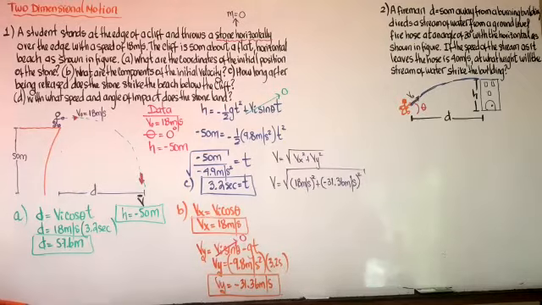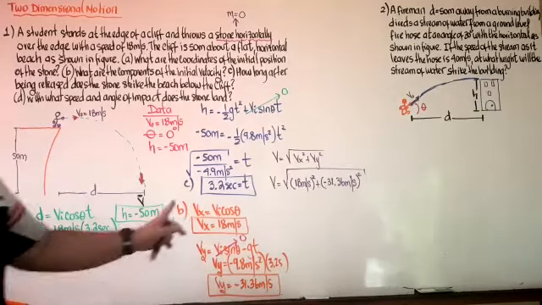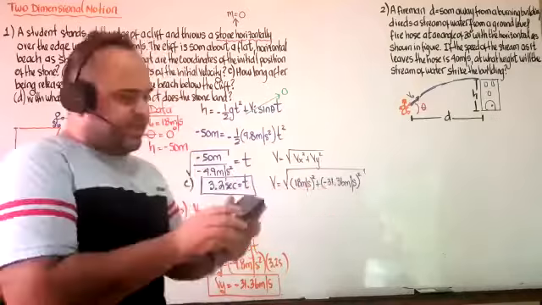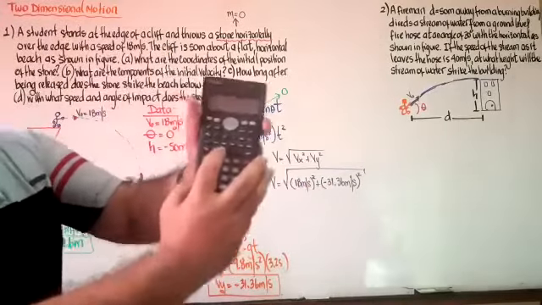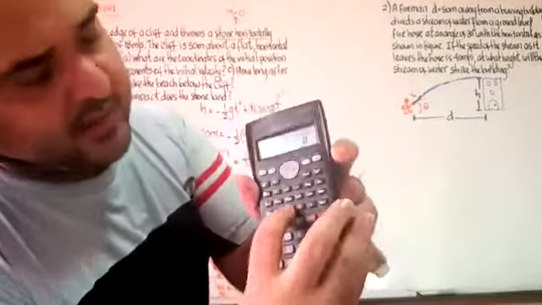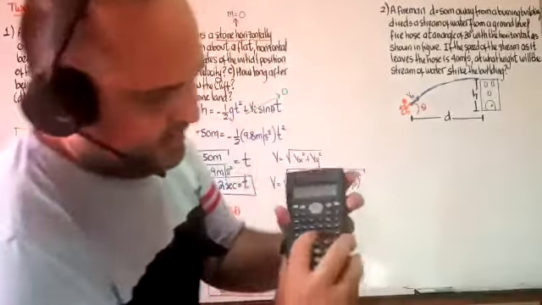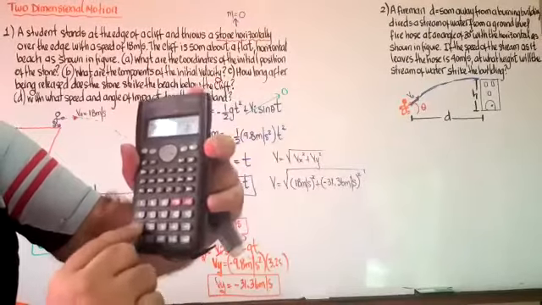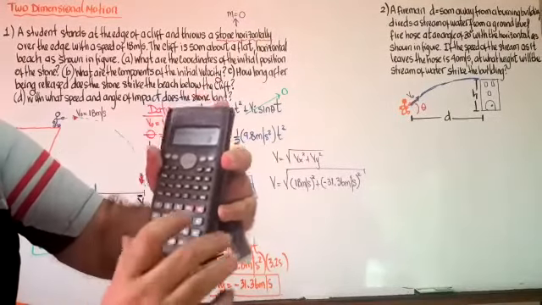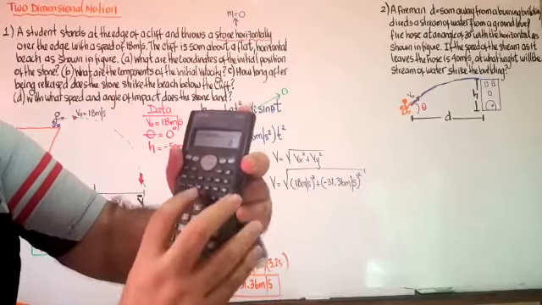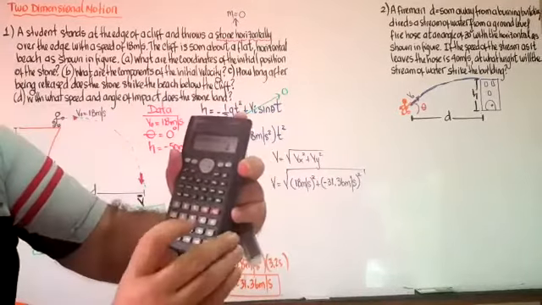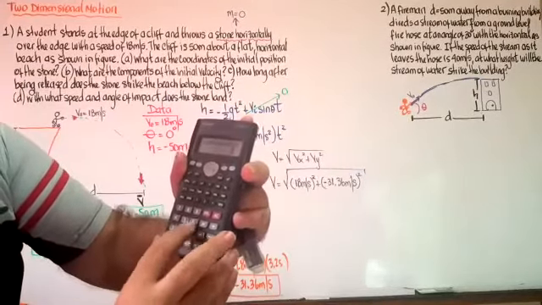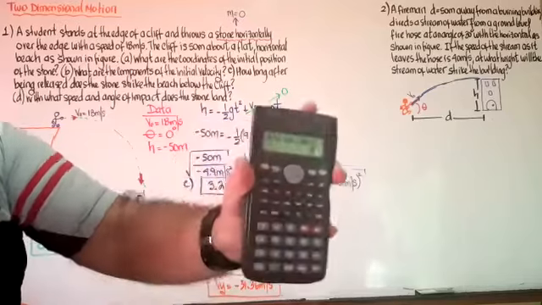So remember, first of all, please solve the operation inside the parentheses. I don't know if you can see the calculator. 18 squared plus parentheses negative 31.36 close parenthesis squared.